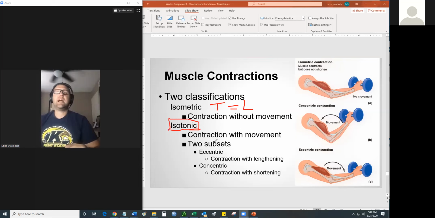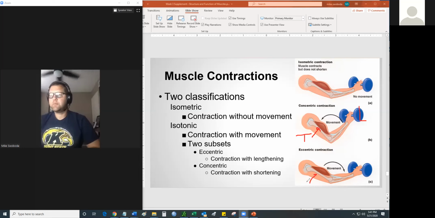So an isotonic contraction is when you have contraction with movement. You have two subsets of this. You have eccentric and you have concentric. An eccentric contraction is contraction with lengthening. A concentric contraction is contraction with shortening. We can think of this here as this dumbbell being my load and the muscle itself being my tension.